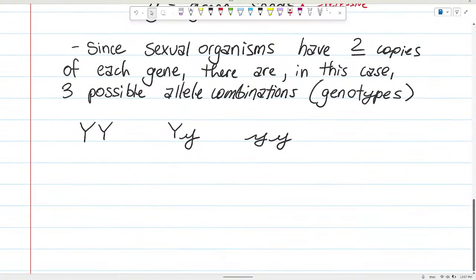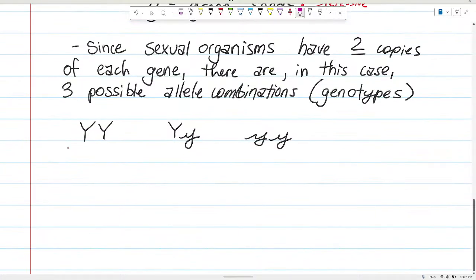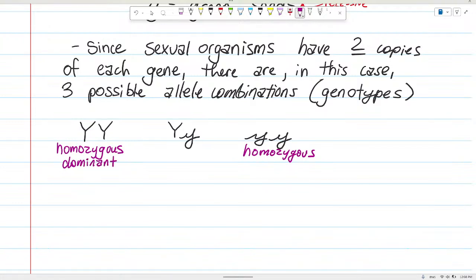And the proper terminology is that when the two copies of the gene are the same, we refer to them as homozygous.